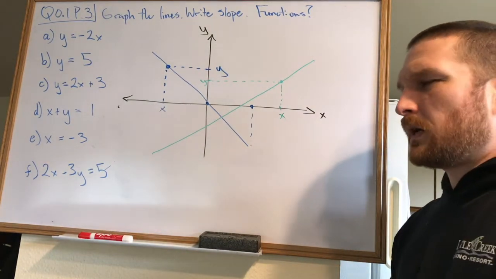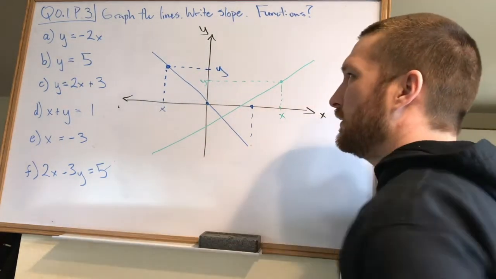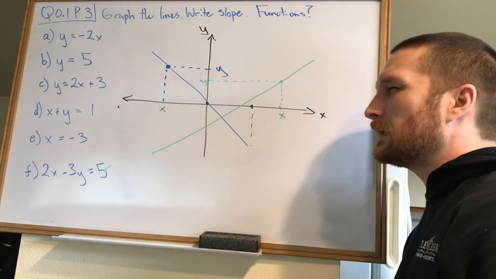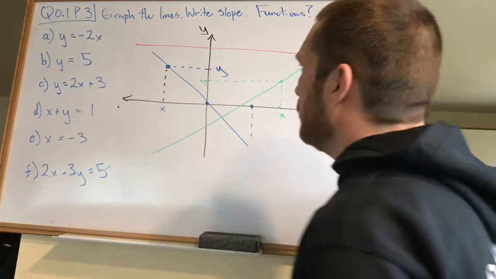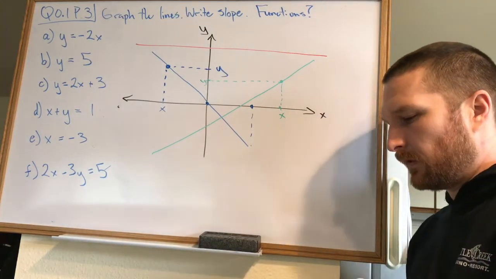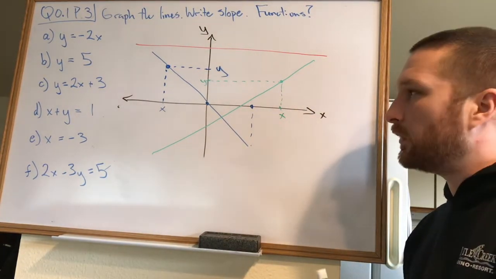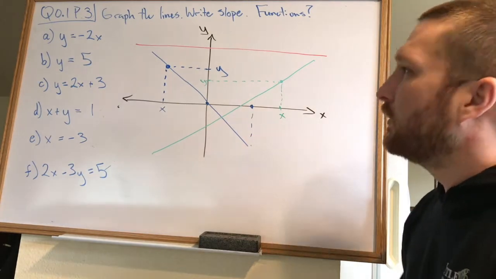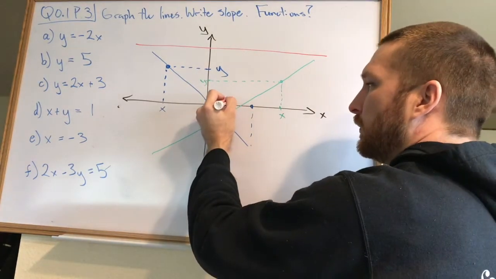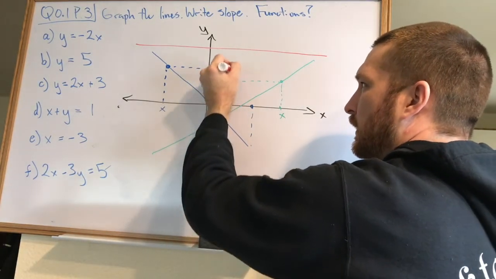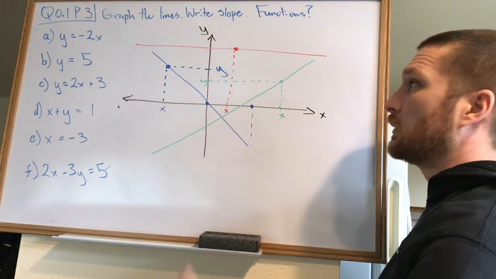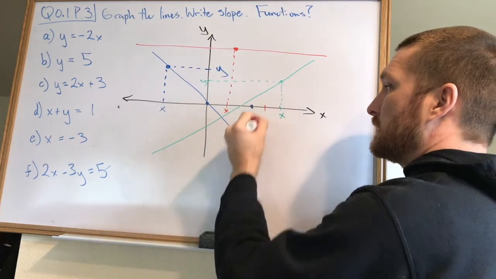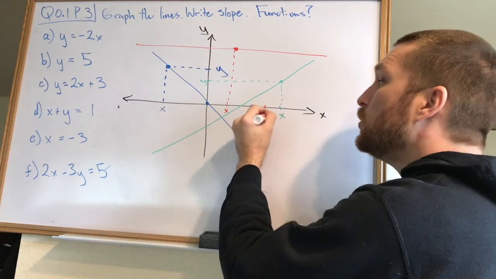What about a horizontal line? This is where the English that we're using gets a little strange, because when you hear this, it's like, yeah, every one input gives you only one output. But, oh wait, everything gives you that output, right? Oh, hold up. Let's just think about this. One input, x, gives you that one output. Okay, so that's good. Here's a different x. Let's call it x2.